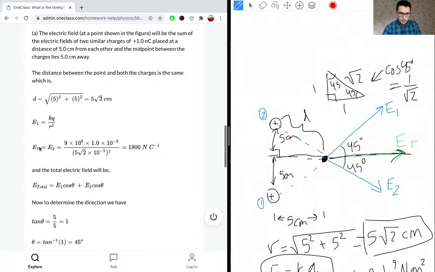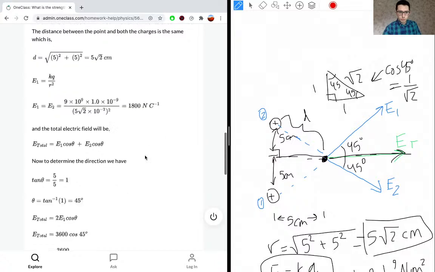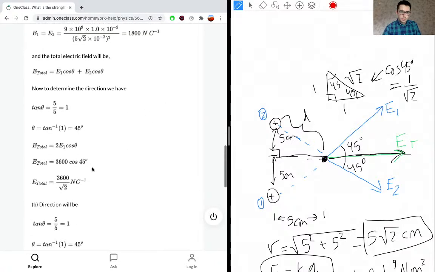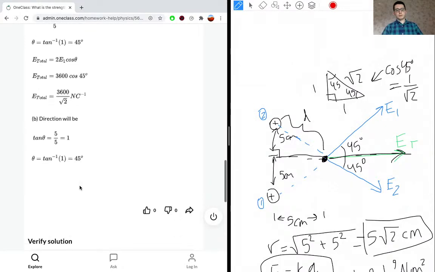So they've identified E1 and E2 are equivalent. They calculate using the correct formula, and then they end up with the correct total electric field. They provide the incorrect angle. So the angle for the separate components is 45 degrees, but the angle for the total electric field is 0 degrees.